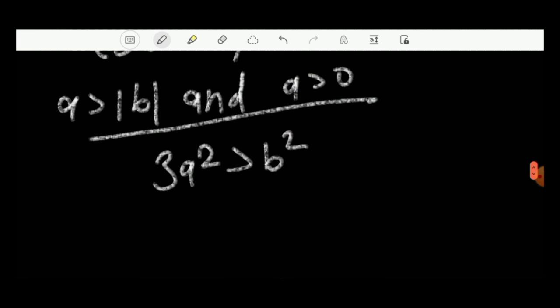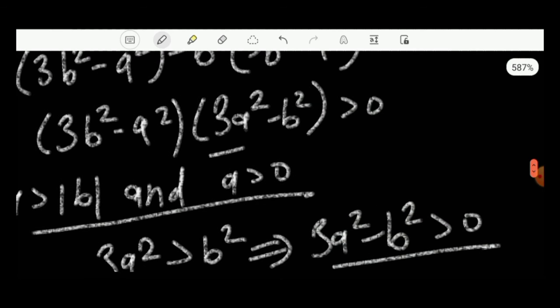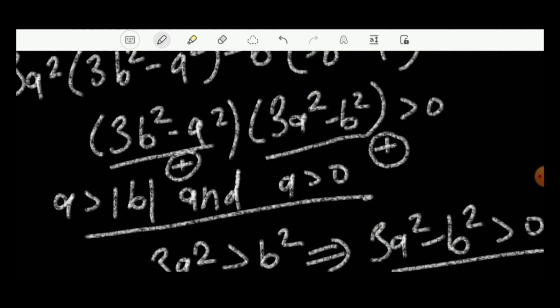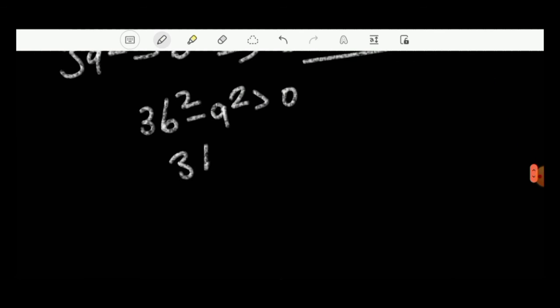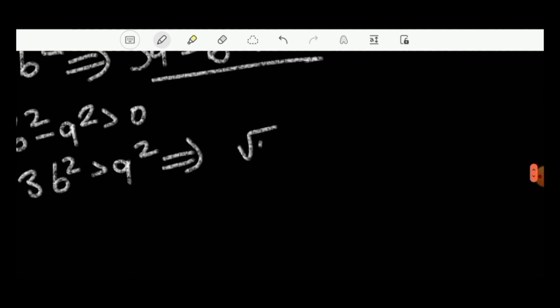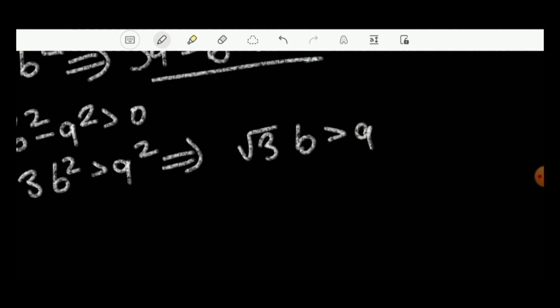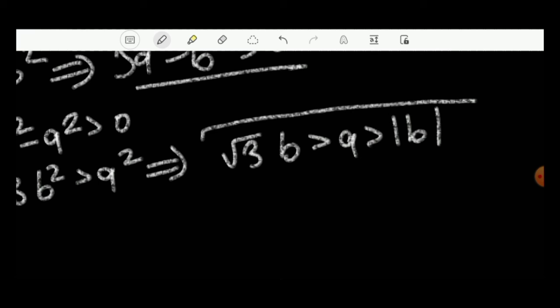So this implies that 3a square minus b square is greater than 0. So this term is positive, so the other must also be a positive value. So we can say 3b square minus a square is greater than 0. After solving this, we can say that square root of 3 times b is greater than a, and this a is greater than mod of b. So this is our whole condition.